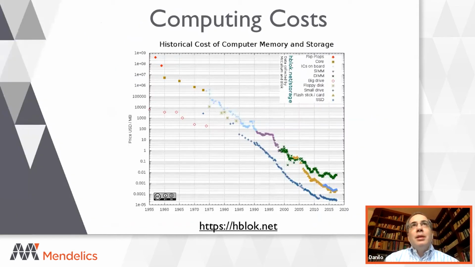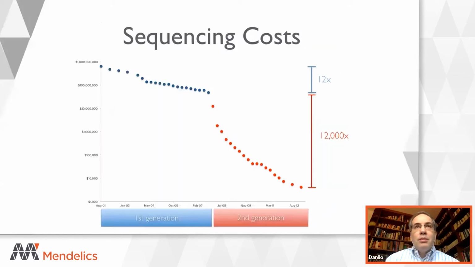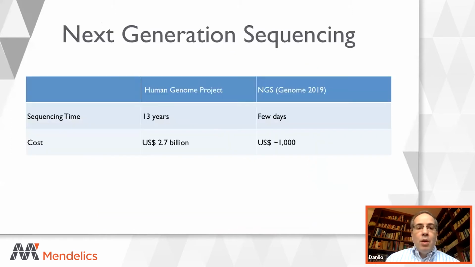And especially the informatics revolution that we all have seen and the drop in cost of computing, all together these allowed the drop in costs of sequencing. In fact, the human genome took around 13 years to be concluded and cost about $2.7 billion. Nowadays, we can sequence a whole genome for one person in a few days for a fraction of that cost, around $1,000.